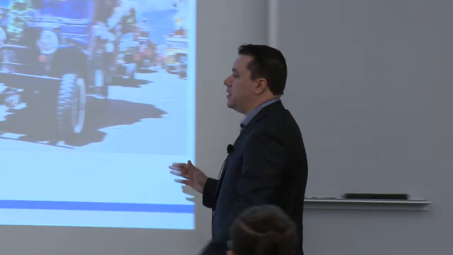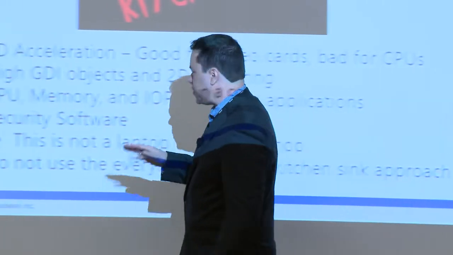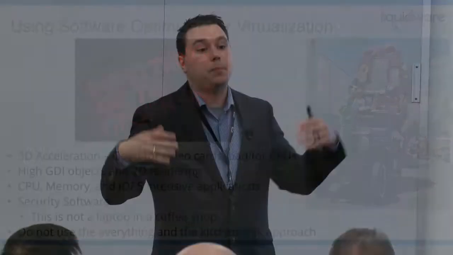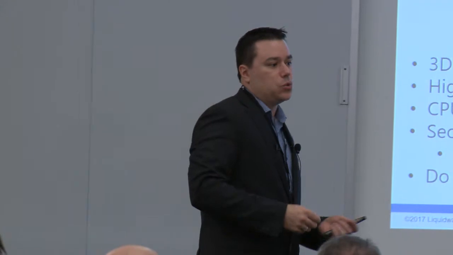Why does that matter? Well, it matters for a lot of reasons. I previously mentioned something called GDI objects. GDI objects are all the little rasters and fonts and frames and things that Windows needs to keep track of in order to render it on your screen, to paint you a picture. The more of those things that you process, the harder your video card has to work.